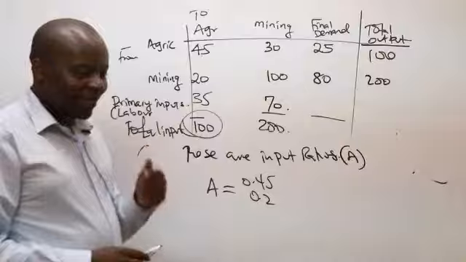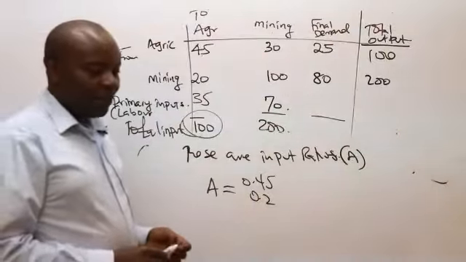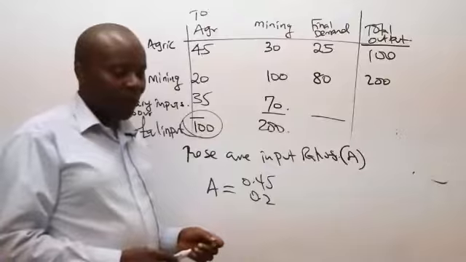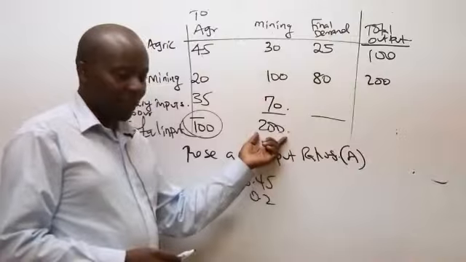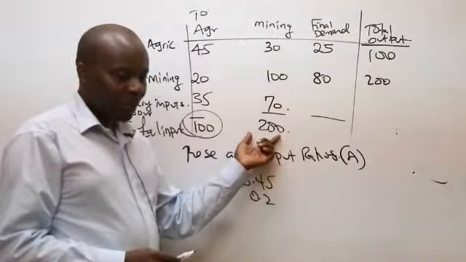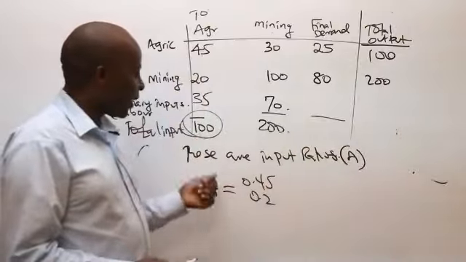Thanks for trying, but be more careful. What is the total input here for mining? Not 100, it's 200. The one here was 100, so we took 45 over 100.